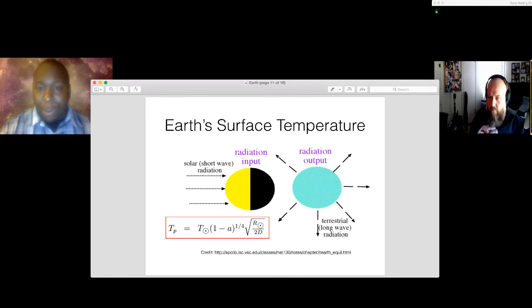It ranges from values of 0 to 1, where 1 would correspond to a perfect reflector, meaning it would reflect all of the sunlight, versus 0 corresponding to an object that has no reflective properties at all. And then this is going to be times the square root of a ratio between the solar radius divided by 2d, where d represents the distance between the sun and the planet itself.